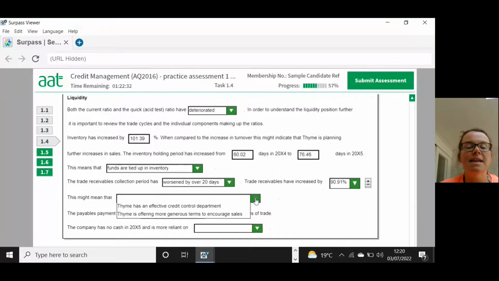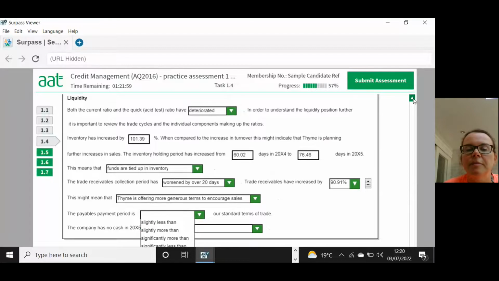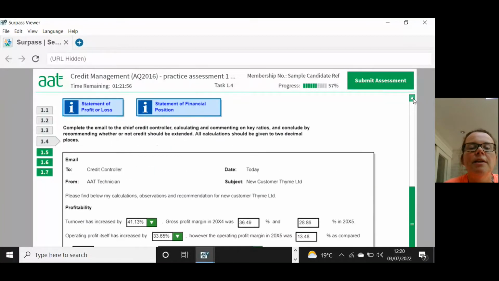This might mean that trade receivables has worsened, so it's not more effective. Maybe they're just selling more and they've forgotten about collecting the money. The payables payment period, I worked this out and I got 97 days. Let's have a look, did it tell us anything about that?